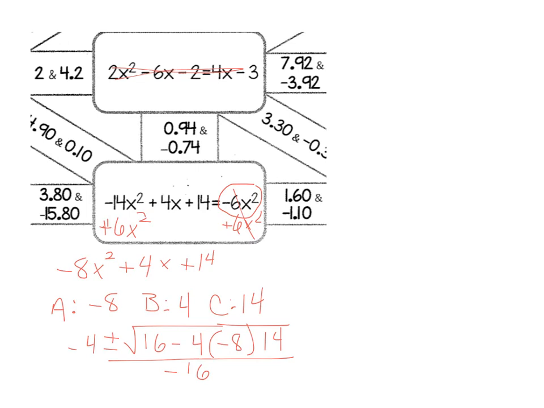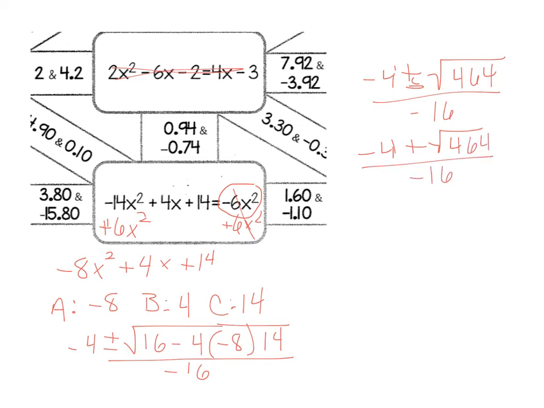That gives me negative 4 plus or minus the square root of 464, whole thing divided by negative 16. Our two equations are going to be negative 4 plus the square root of 464 divided by negative 16, and negative 4 minus the square root of 464 over negative 16.